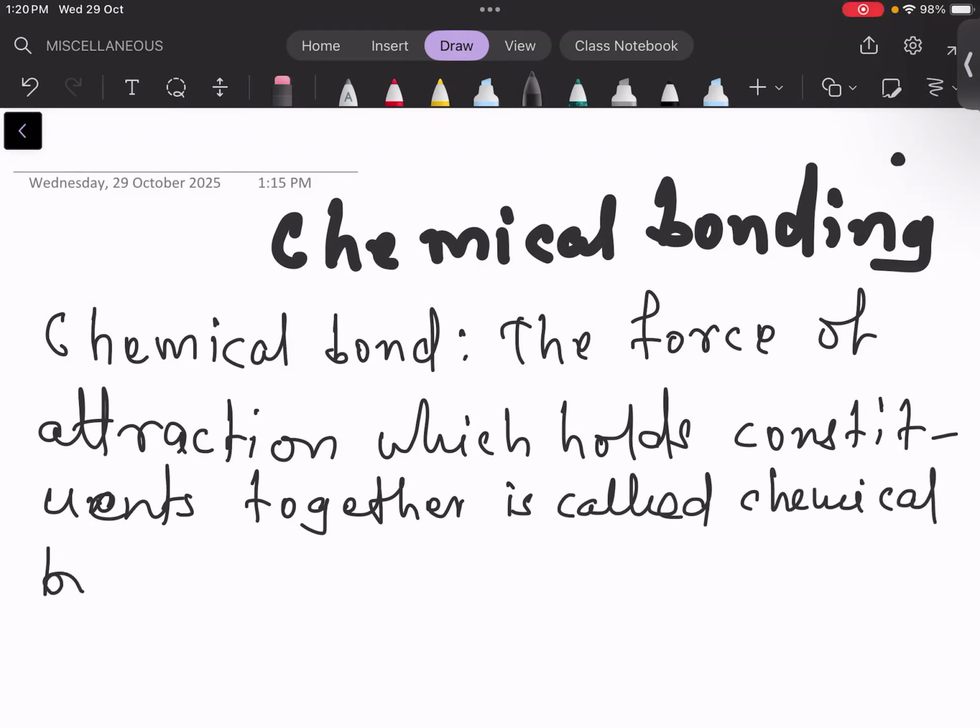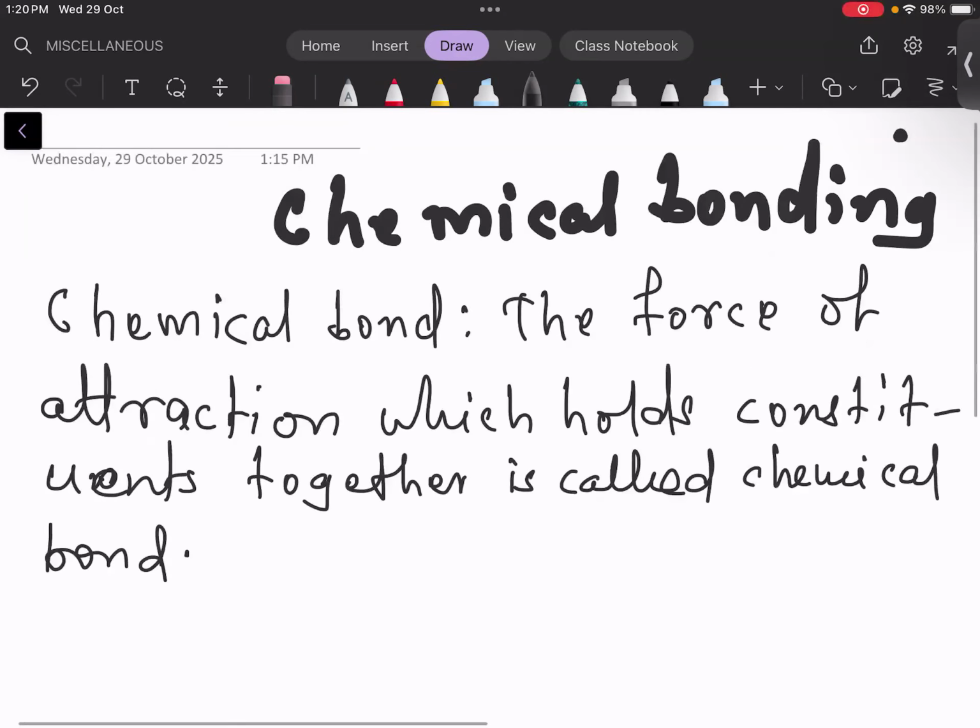Chemical bond, right? Now, in it we'll study Lewis symbol.